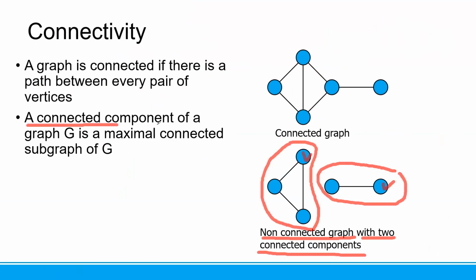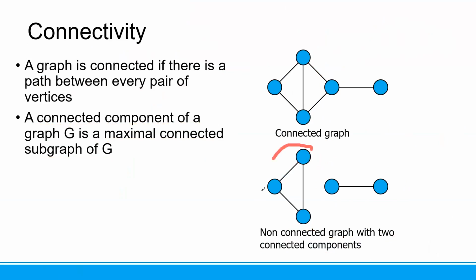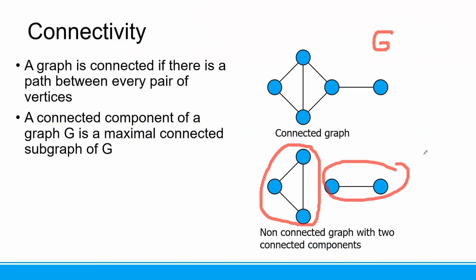So a connected component of a graph G is a maximal connected subgraph of G. So I can say that this is a subgraph of G. This is also another subgraph of G. So that's why we call these connected components. So this is the first connected component, and then this is the second connected component.